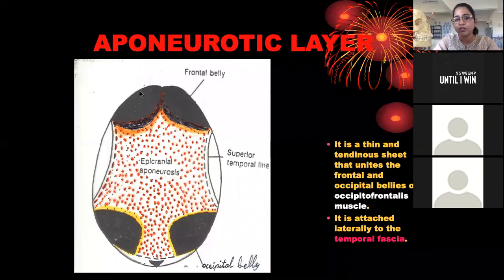Movement is there, so we need to understand its muscle attachments. That's why this will come as a short note question, only the aponeurotic layer. The question can come like this: Galea aponeurotica, a 4-mark question. So you need to explain the muscle attachments, nerve supply, and actions. Clear till here, everyone?